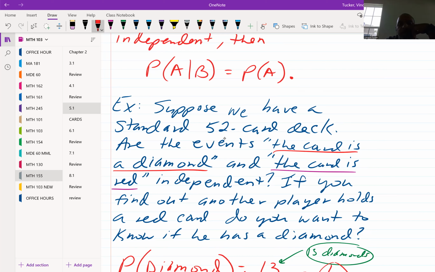I don't know if I read this statement. So basically, if you find out another player holds a red card, do you want to know if he has a diamond?